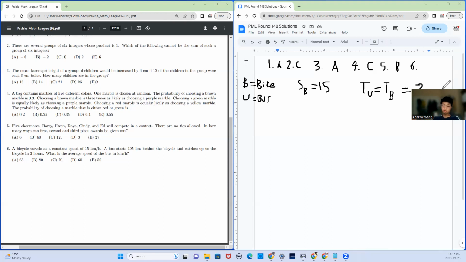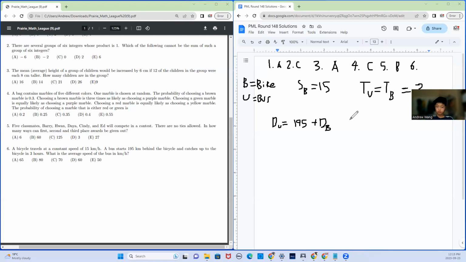We also know the bus starts 195 kilometers behind the bicycle and catches up to the bicycle in 3 hours. So we know that the distance the bus goes is equal to 195 kilometers, as it starts behind, plus however far the bike goes before the bus catches up to it.